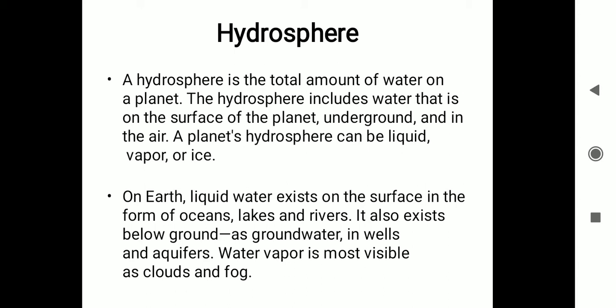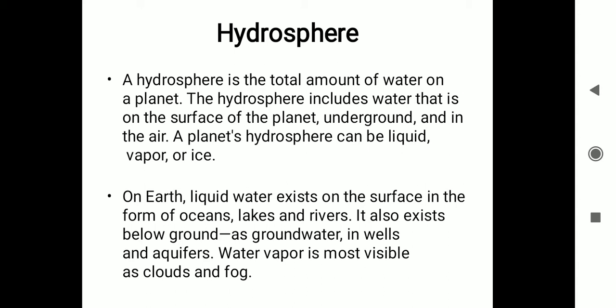A planet's hydrosphere can be liquid, vapor or ice. As liquid form in seas, rivers, lakes, streams and everywhere. As vapor, it is in the air. In the form of ice, it is in glaciers. So this is how a planet's hydrosphere can be in liquid, vapor or ice form.